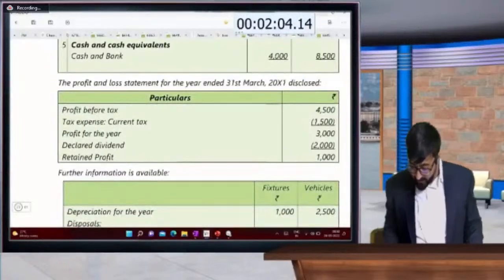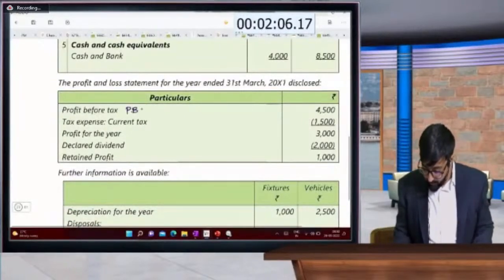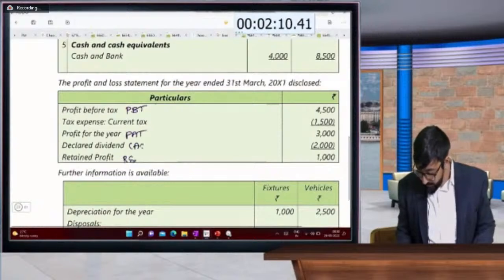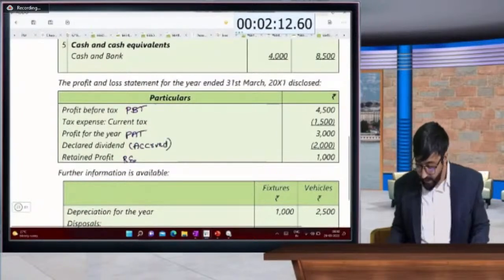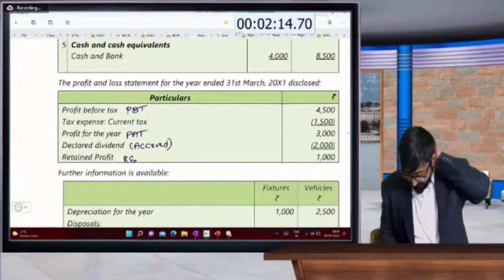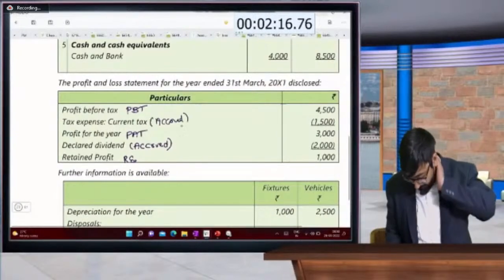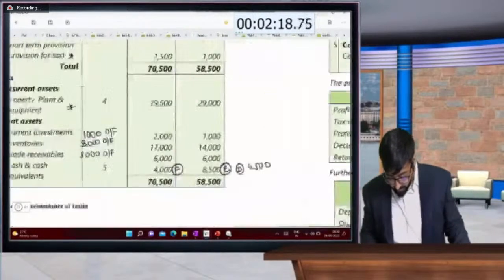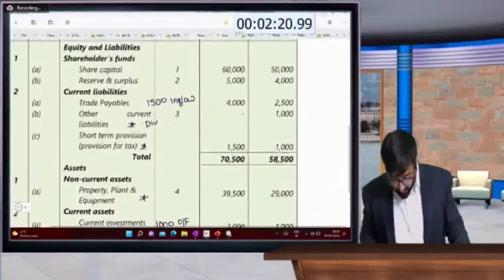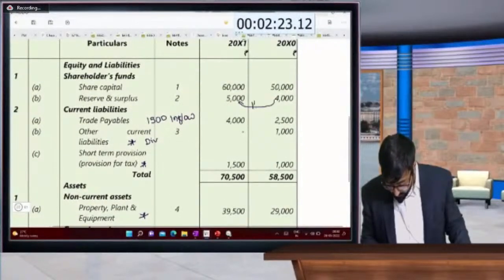Profit before tax, PBT, PAT and retained earnings. This dividend is accrued. This dividend is accrued. Remember, and this tax is also accrued. So we'll start with retained earnings. You can check retained earnings increased by 1000. So yes, this 1000 is retained earnings.